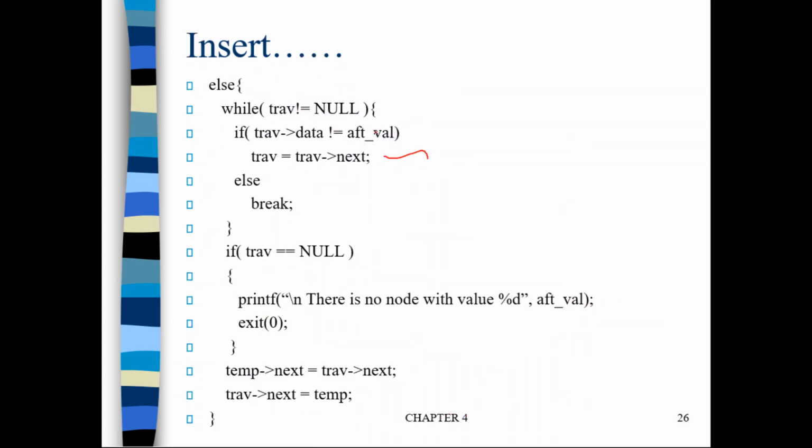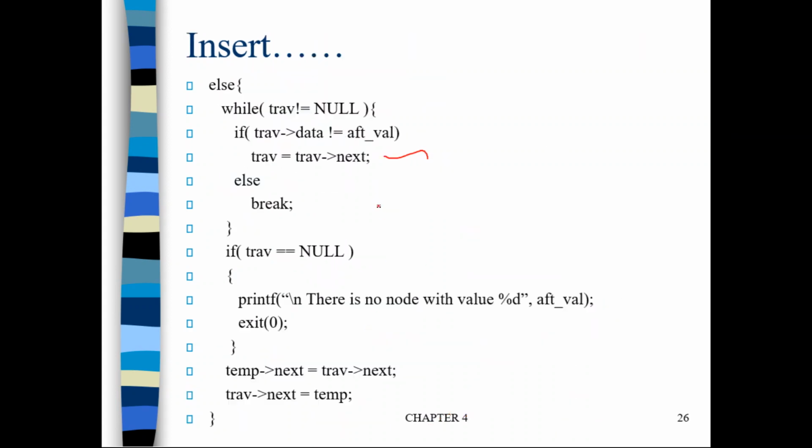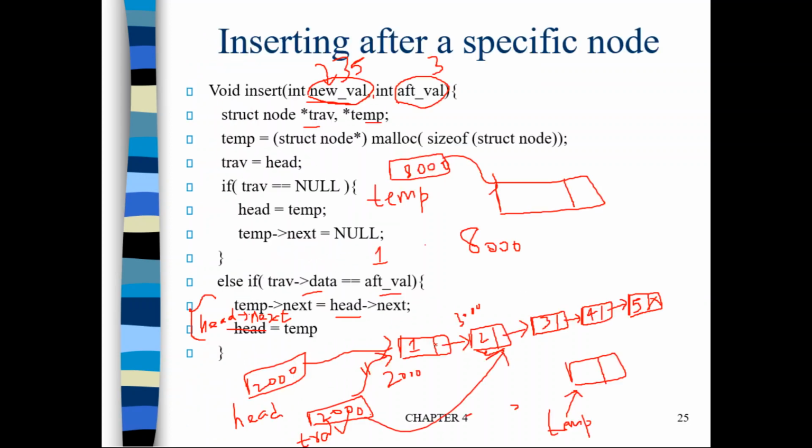Again check if traverse arrow data is not equal to after val. Yes, it's not equal to after val. After val is 3, it is 2. So again traverse is equal to traverse arrow next. Now let us assume the next node's starting address is 4000. Previously traverse was pointing to 3000.